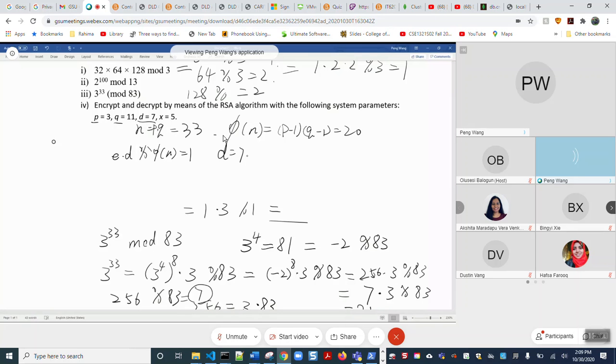We can calculate E by just trying 1, 2, and 3. When we try E equals 3, we get that E times D equals 21, which equals 1 mod 20. So then we get E equals 3.